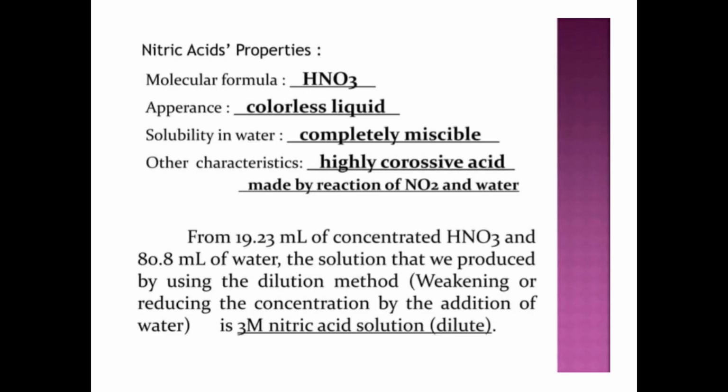So you have been able to prepare 3 molar in 100 centimeter cube. Please take note, the question says 100 centimeter cube. That's why we make it up to 100 ml. 100 centimeter cube is equivalent to 100 ml. There is specific information that was given there. Take note of that. So that's how to prepare that.